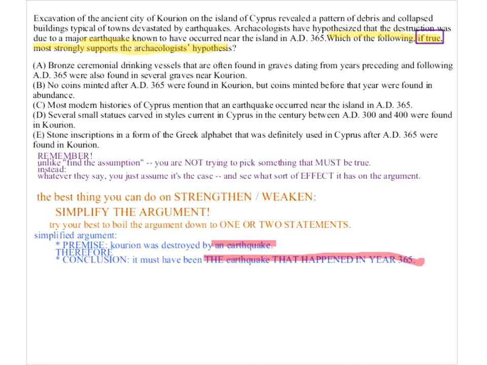I mean, that would be like saying, I had a relative who died, therefore he must have died of this particular disease. That's a big thing. So, to strengthen this, let's see how these things affect it. The most popular, almost all of you picked either B or C. So let's investigate B and C.